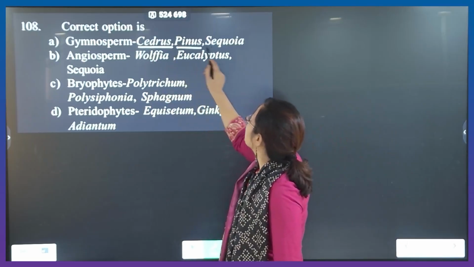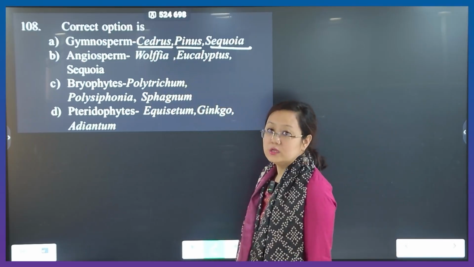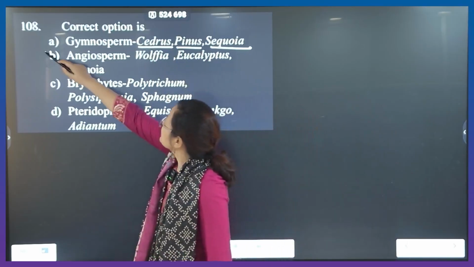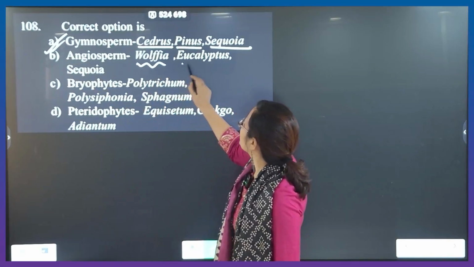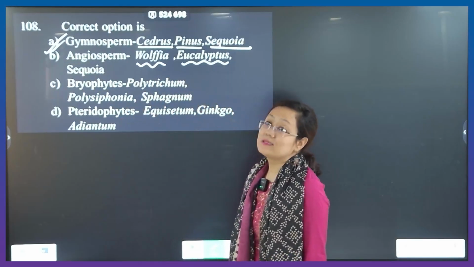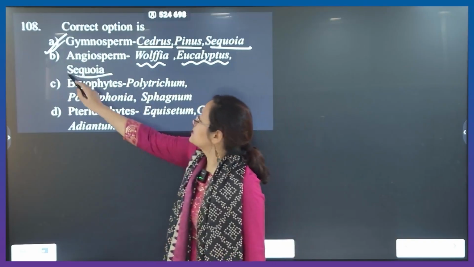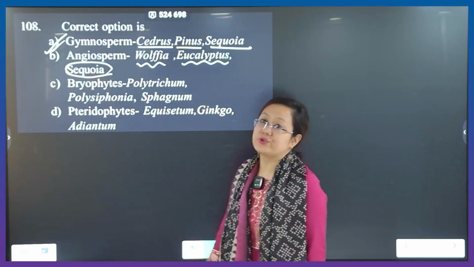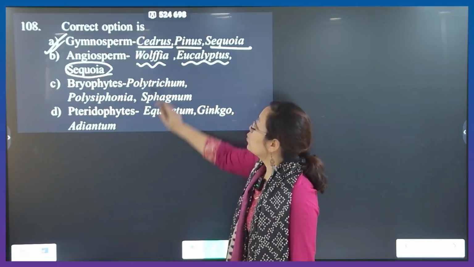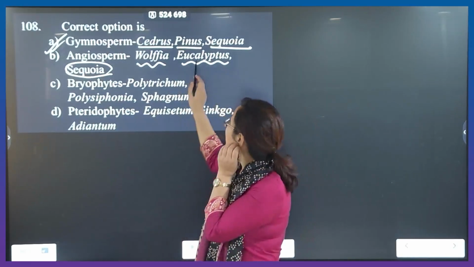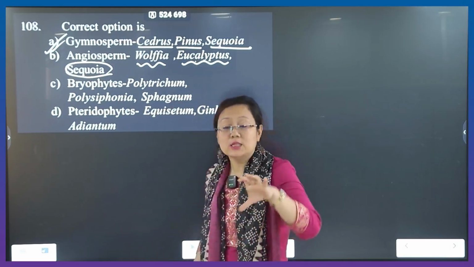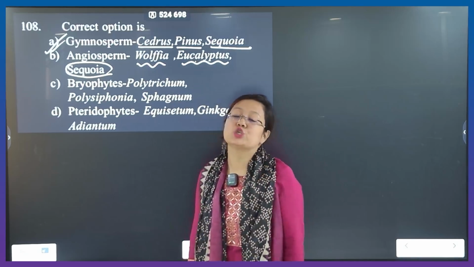Seedrust, pinus, sequoia. These are all gymnosperms. The direct answer is this. And यहाँ पे wolffia, eucalyptus, this is angiosperm, and sequoia, the red wood tree, is a gymnosperm. Wolffia is the smallest angiospermic plant, and eucalyptus is the tallest angiospermic plant.